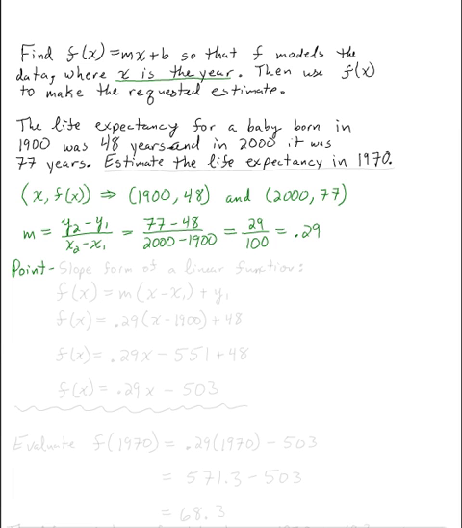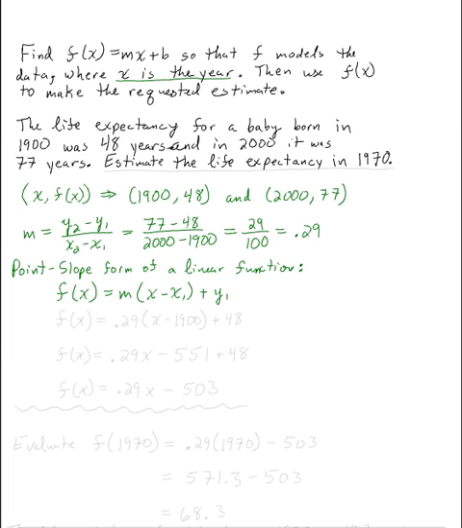So recall that the point-slope form of a linear function can be written as f of x is equal to m by x minus x1 plus y1, where the x1 and the y1 come from any point on the line and the m is the slope of the line.